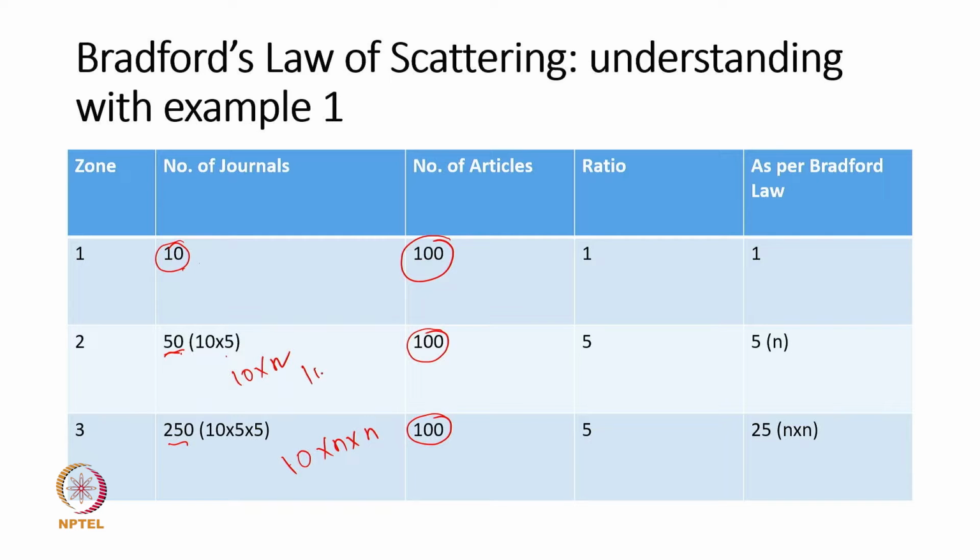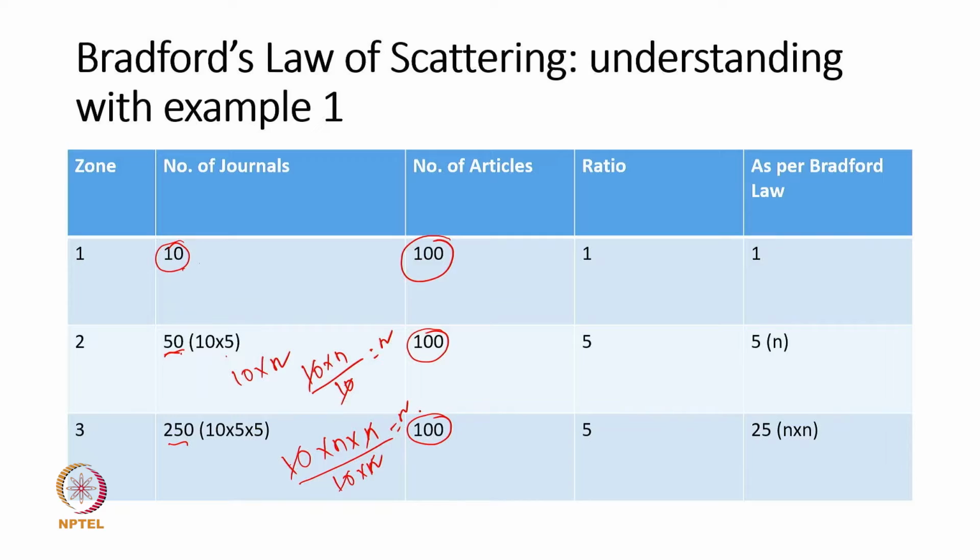If you divide 10 into n by the preceding term 10, we get n, that means a ratio here, and if we divide 10 into n into n by 10n, which is the preceding term, we get the ratio n here also. That means the ratio is constant.